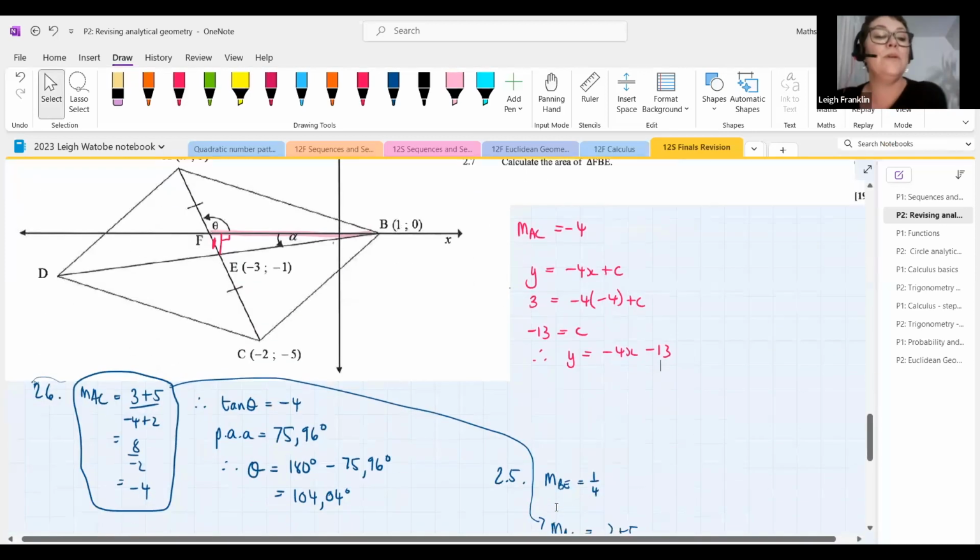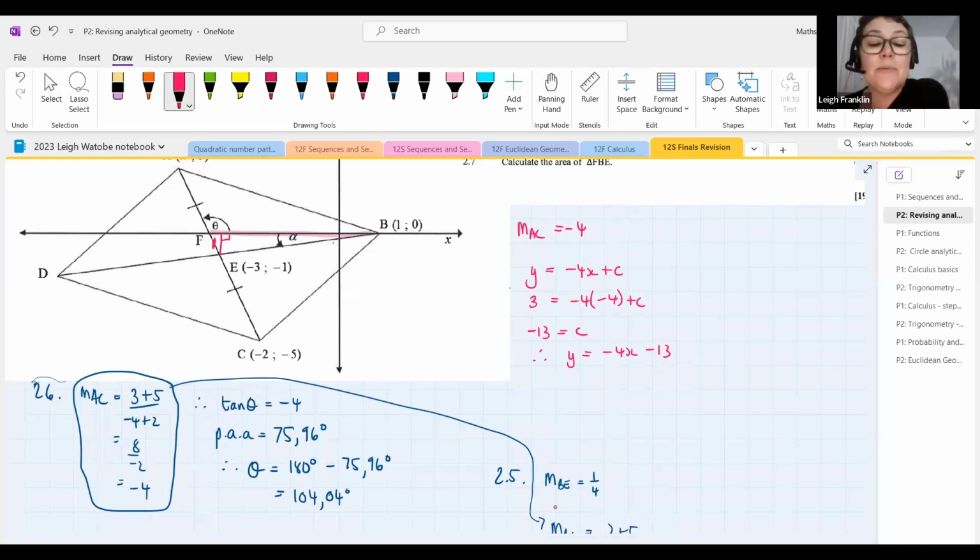So if I want the coordinates at F, the x-intercept, then I would let y be equal to 0. So that means that 13 would be equal to -4x. So x would be equal to -13/4.